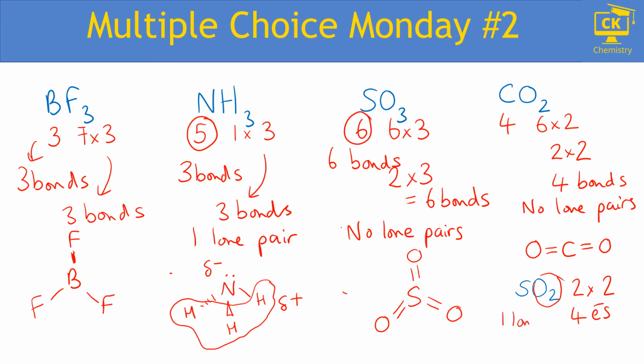So it has a lone pair. And SO2 is a polar molecule. That comes up a lot when we're comparing SO2 with SO3 or comparing SO2 with CO2, because CO2 is linear, but SO2 is non-linear.